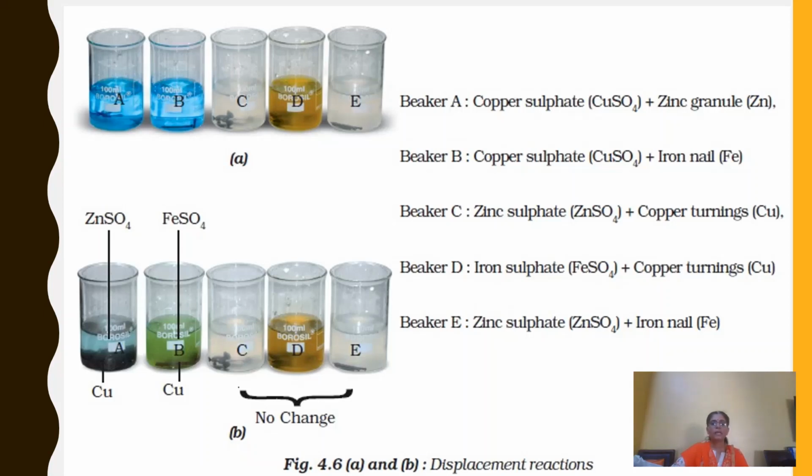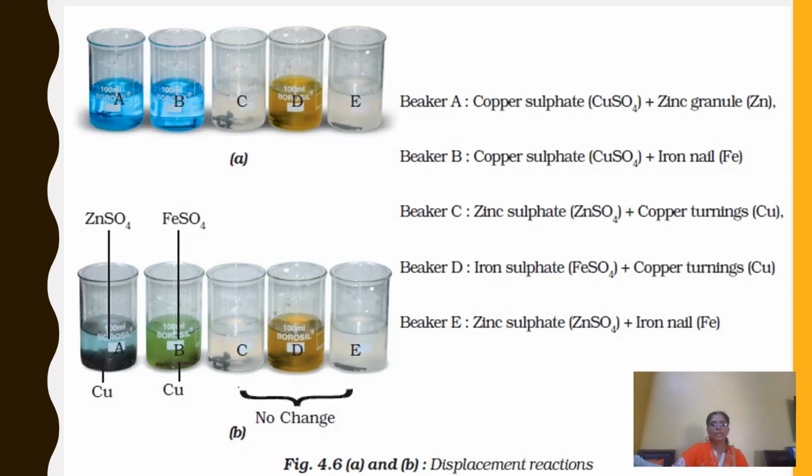As copper is less reactive than iron, it also cannot displace iron from its iron sulfate solution. And in beaker E, we have taken zinc sulfate and iron nail. As iron is less reactive than zinc, it cannot displace zinc from its solution.